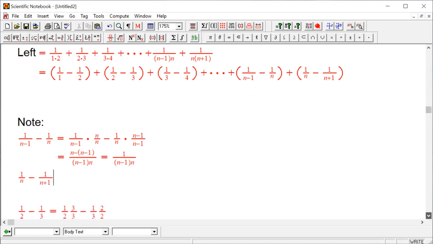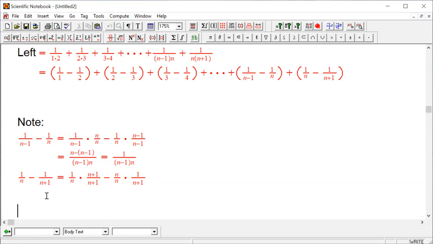For the last one, it's the same thing. So the common denominator is n times (n plus 1), right? So we're going to multiply n plus 1 on the top and n plus 1 on the bottom. Anything times 1 stays the same. And then here, I'm going to multiply n over n in order to make the common denominator.